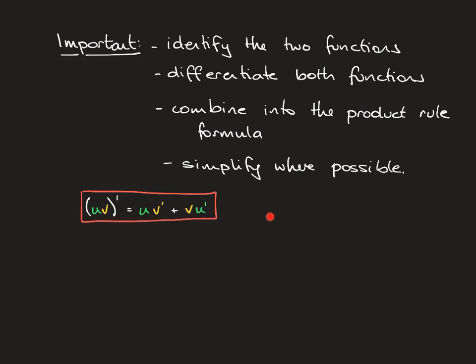Now, it is absolutely best to avoid using this notation in the exams. In the exams, they'll either ask for it in formal function notation with f and then the variable, or they'll ask you for dy dx. So this is kind of a mixture of the two forms and it's not good practice to use it. By all means, remember the product rule this way, but my advice would be not to write it. Don't write it like that in the exam.